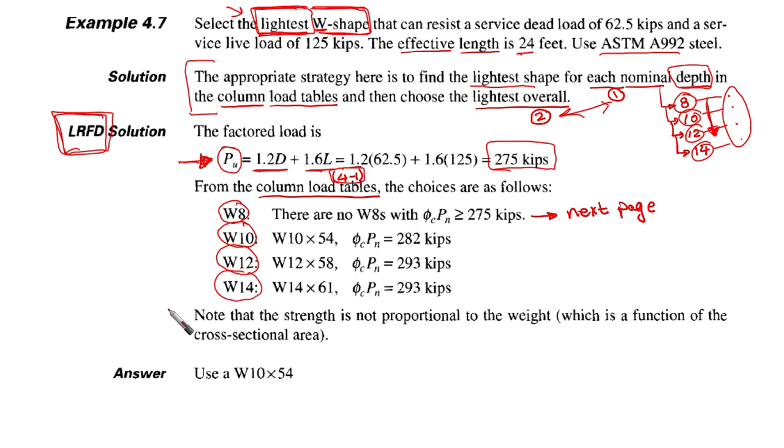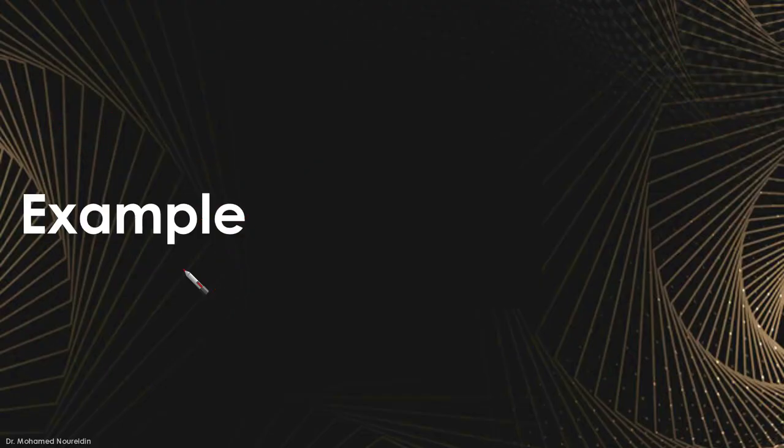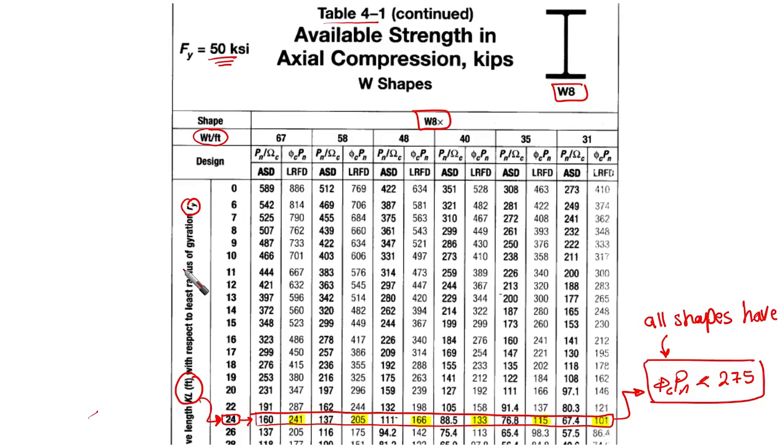Then we're going to investigate first the wide flange with the nominal depth of 8. So here, this is Table 4-1, which is the available strengths table for 50 ksi wide flanges, and the nominal depth 8 is given already for us.